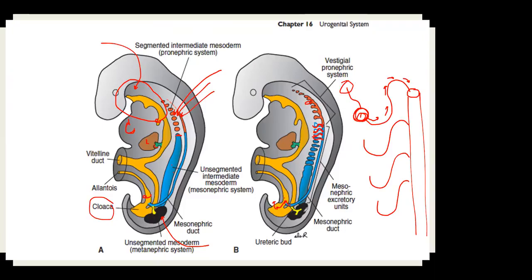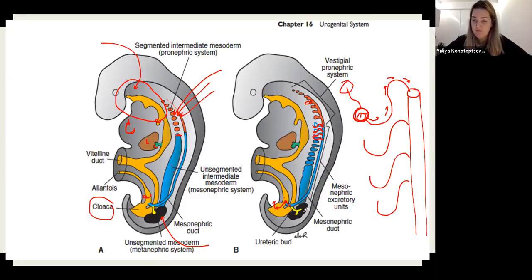Is it because it doesn't have a collecting duct? Kind of, you're right. It's because it doesn't have the collecting system. So why do mesonephros die? Because they do not get penetrated by the ureteric bud. Why do metanephros live? Because they do get penetrated by the ureteric bud.